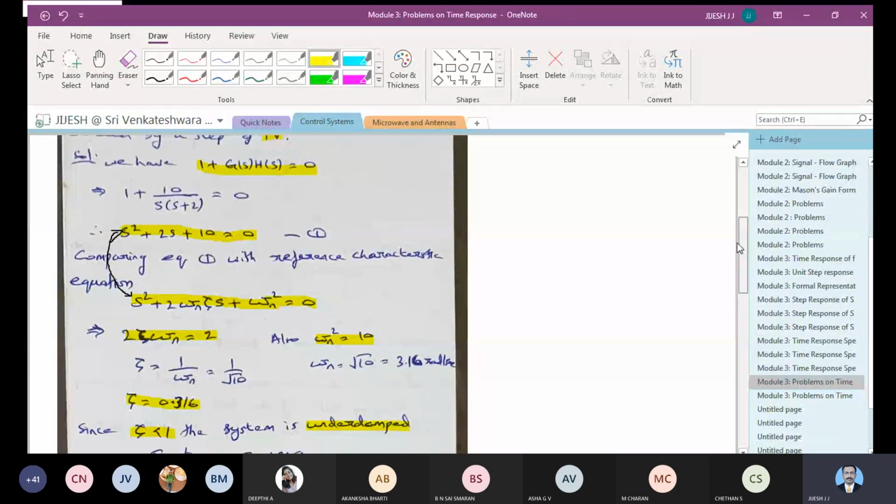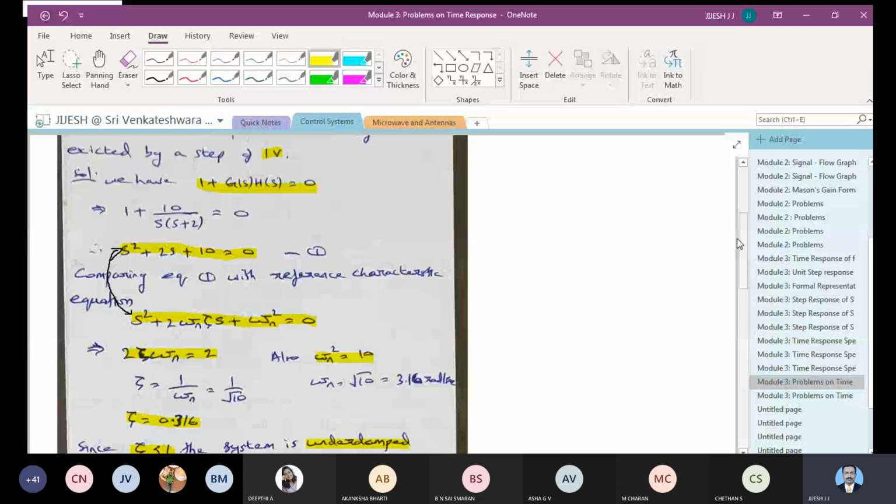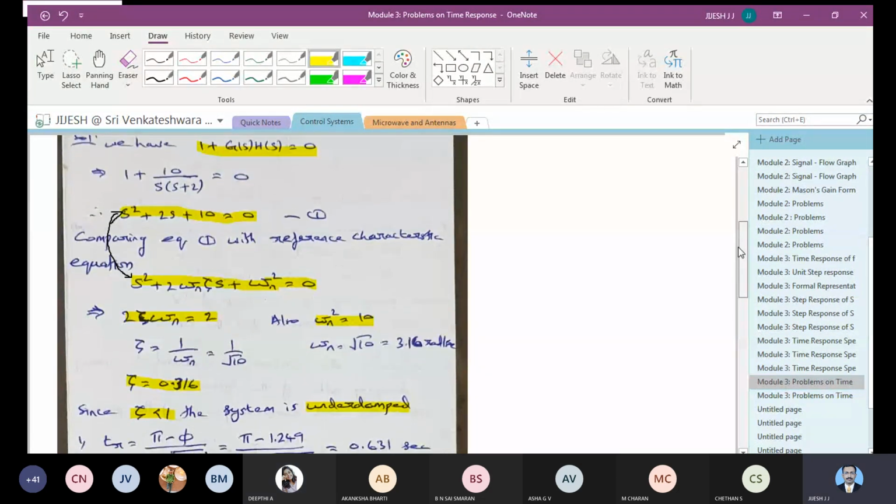So they miss the bracket and they end up with a different answer. So don't do that. Make sure that your calculations are correct. So this is 0.6307. Yeah, 0.631 seconds.